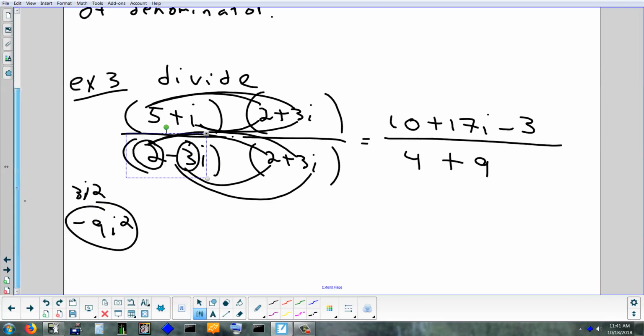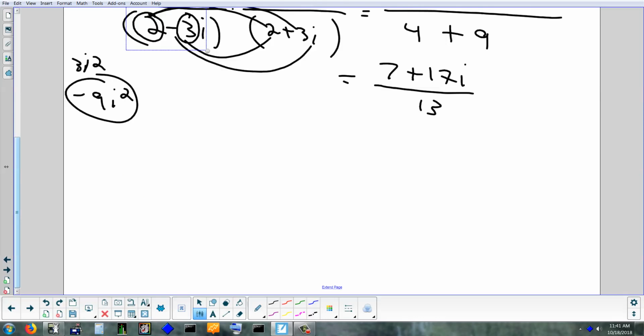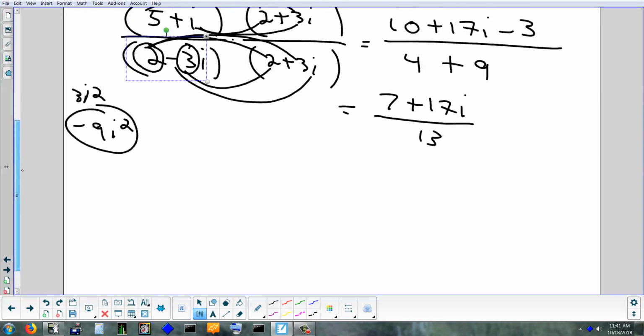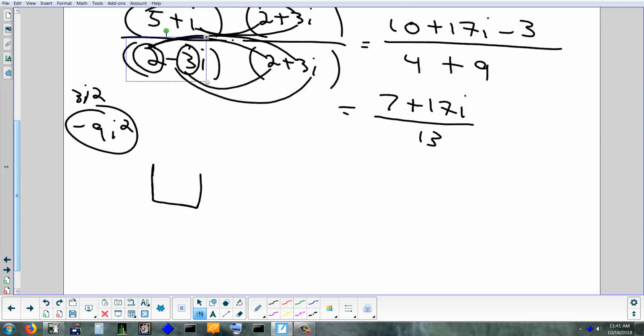All right. Now let's finish it up. So we get 7 plus 17i over 13. Now, the only problem with that answer is when we write it in standard form, it should look like this. Real part, plus or minus, imaginary part, and then an i.